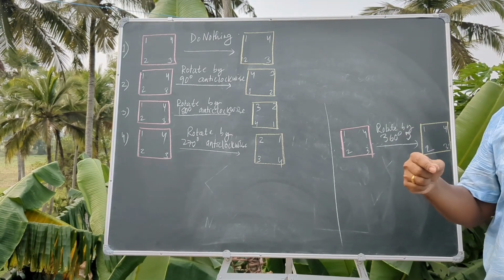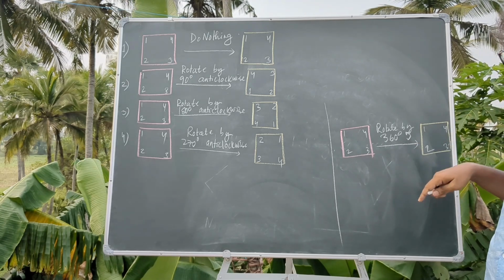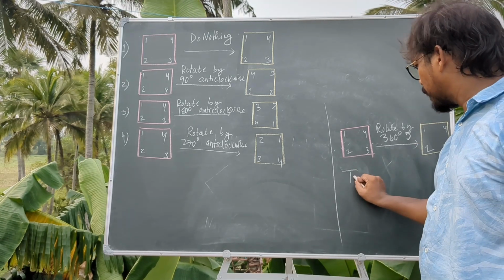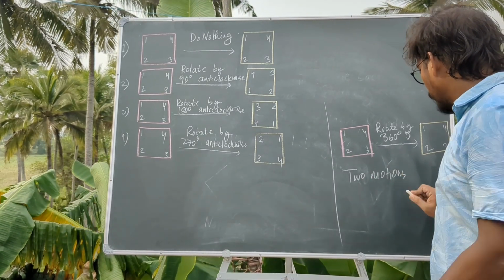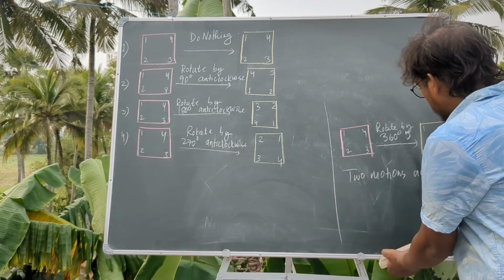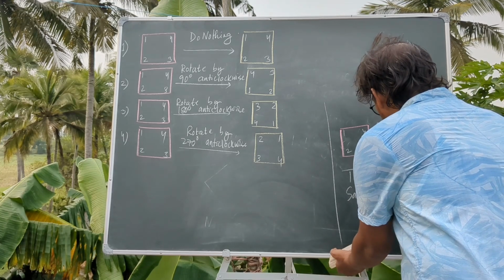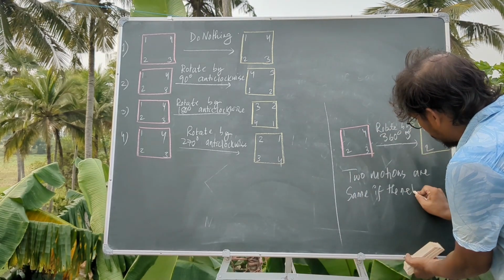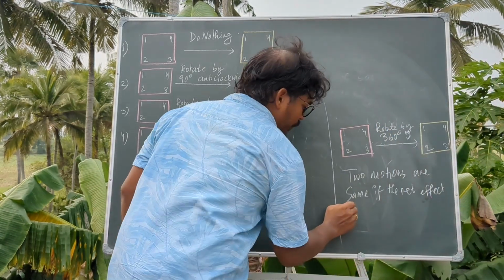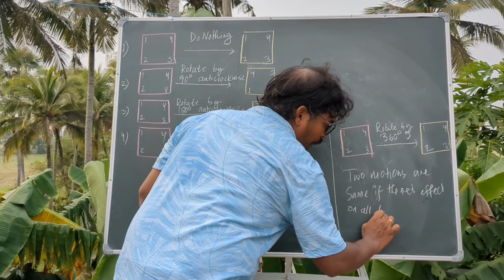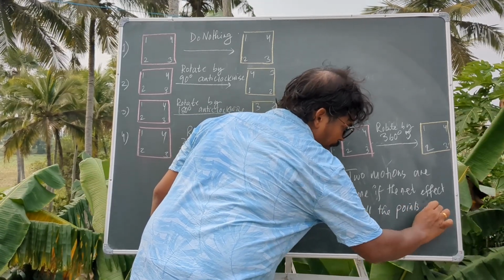So two motions will be the same if the net effect on the square is the same. Let us write that: two motions are same if the net effect on all the points are same.